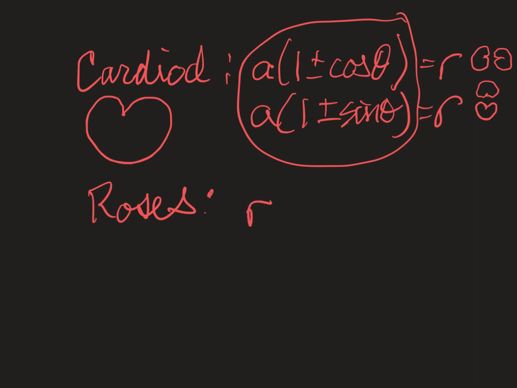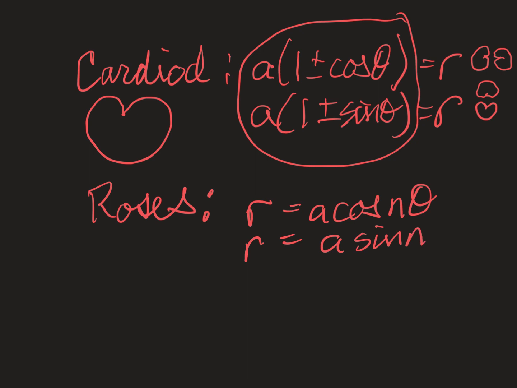R equals A cosine n theta, or R equals A sine n theta, where n is a positive integer. Okay? Now, if n equals 1, if n equals 1, you get a circle. All right?